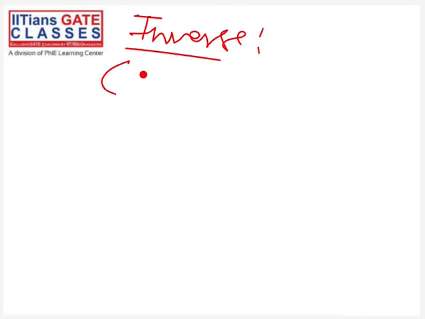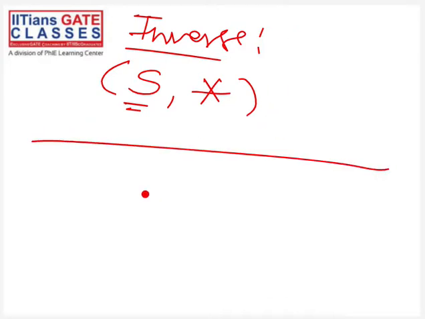Now let's check the formal definition of inverse. Assume you have some base set, and assume this is some operation, it could be any operation. One more thing you should know: in the definition of inverse, if you take any element, what should I put here such that I will get the identity element?